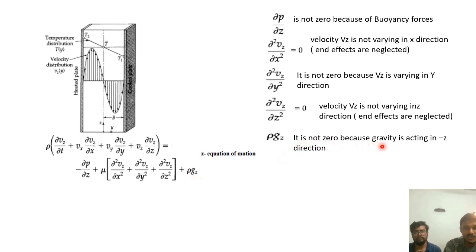It is not zero because gravity is there and it is acting in the minus z direction. This is our positive z direction, and our gravity is acting in the minus z direction. So gz is not zero.